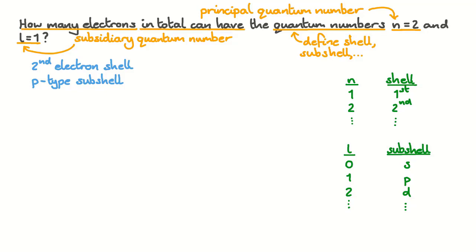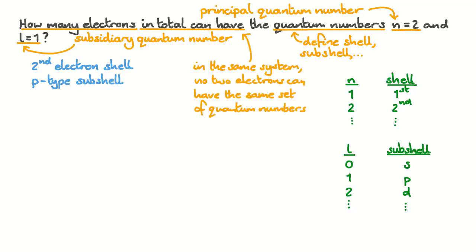The question's asking us how many electrons in total can have these particular quantum numbers. The key here is that if we're looking at the same atom or ion, no 2 electrons can have exactly the same set of quantum numbers. So is the answer 1, since we have quantum numbers n and l fixed at values of 2 and 1 respectively? Well, no, there are 2 other quantum numbers that can uniquely define an electron.